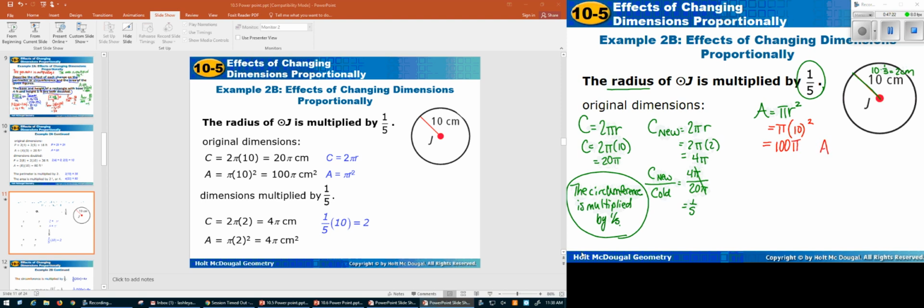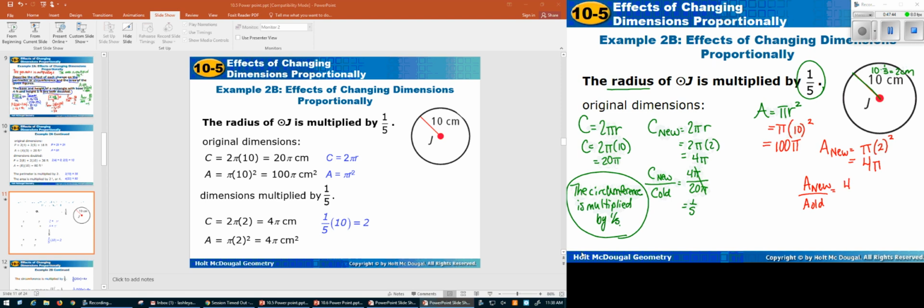The area of the new one, when we multiplied the radius by 1/5, we got 2, so that's going to be pi times 2 squared. What's 2 squared? 4, so we get 4 pi. And now we're going to do the area of the new divided by the area of the old.